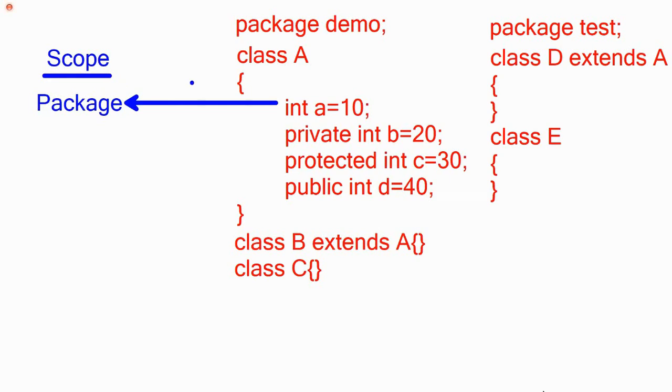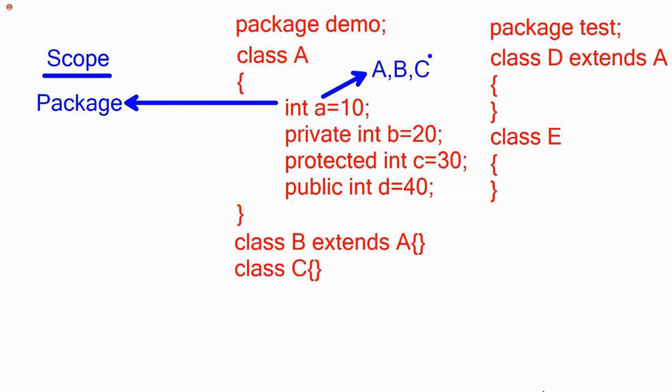It is package scope. This variable can be accessed only within a package. That means in how many classes can we access it? A class, B class, C class. Can we access it in D class? No. Can we access it in E class? No, because D is in another package, and E is in another package.